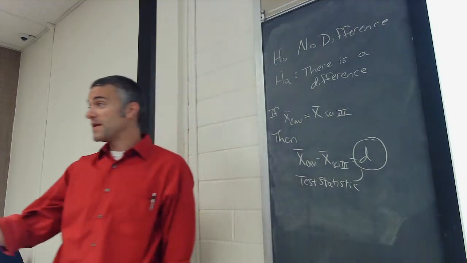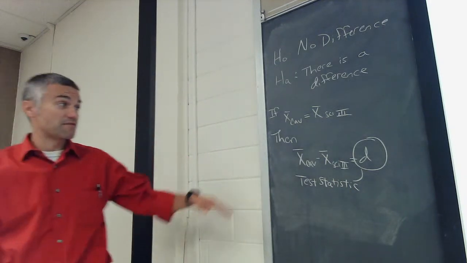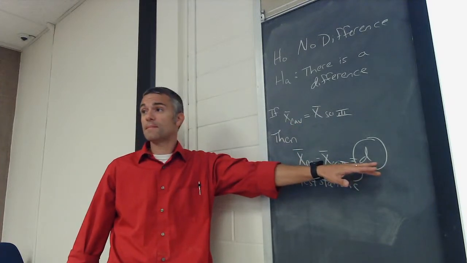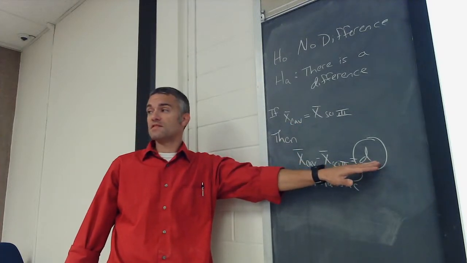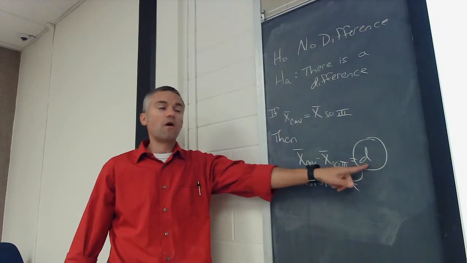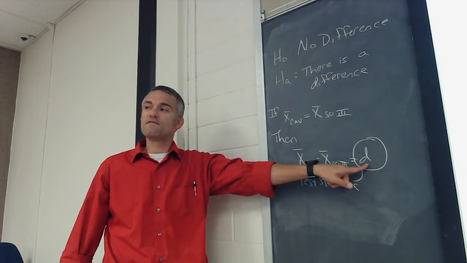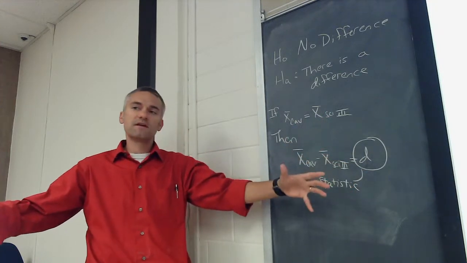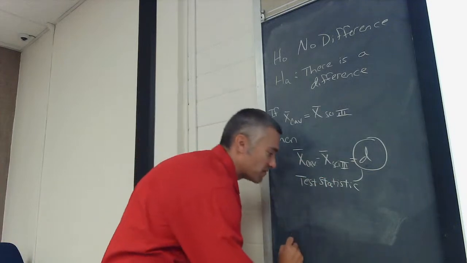Now, if we repeat our sampling, we're going to get slightly different values for our means, which gives us slightly different values of our test statistic. What hypothesis testing is going to do is say, well, what are all the possible values that we can get for this D value? If we assume infinite populations, what are all the possible values?